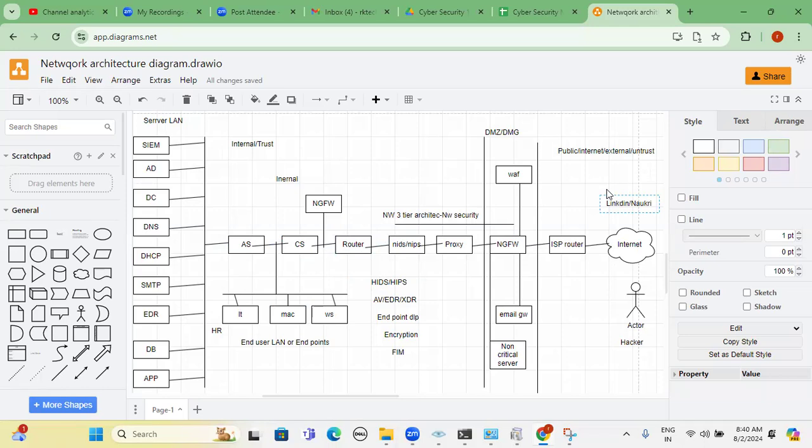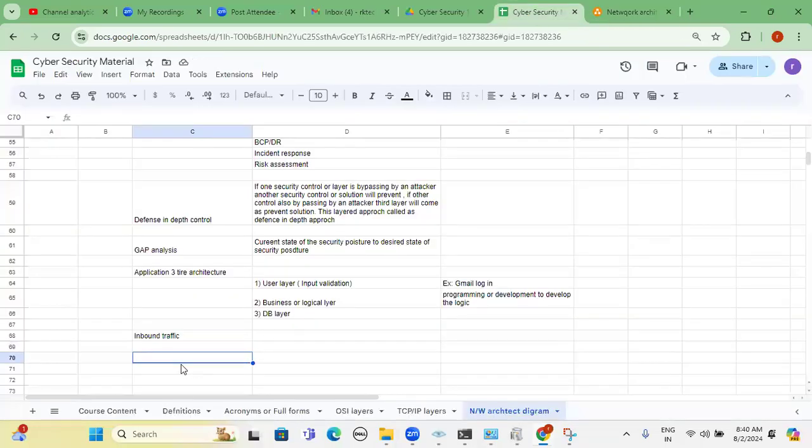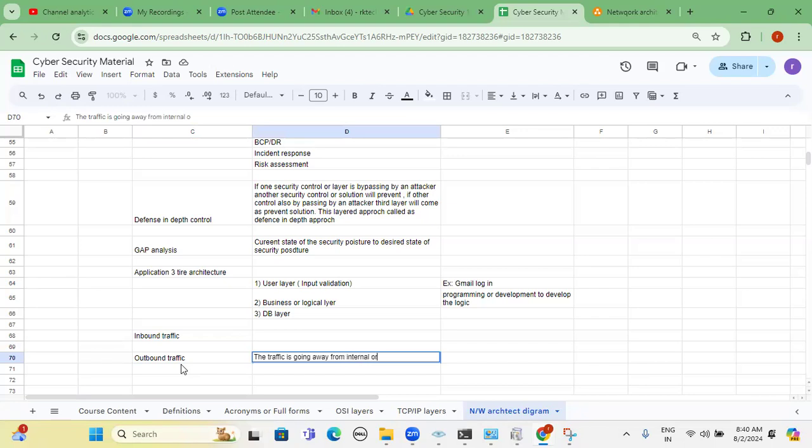That is called outbound traffic. Yes, sorry, it's outbound traffic. So outbound traffic is traffic going away from internal or trust to untrust or internet.